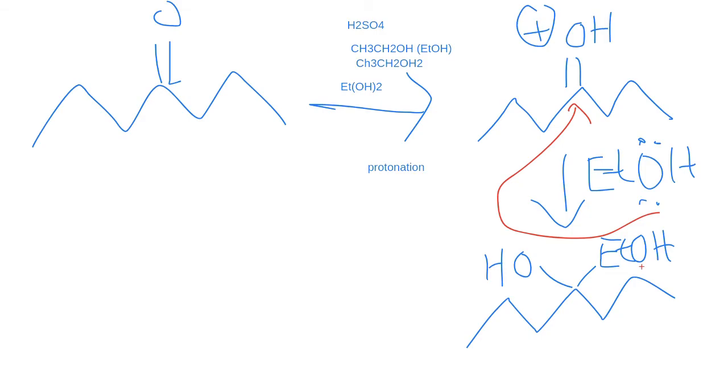Deprotonate. Deprotonate means remove. So we're going to deprotonate. Good job, Casey. And we're going to use another mole of ethanol to accomplish that. So our conjugate base from the very beginning can accept that proton. So it'll take the proton.